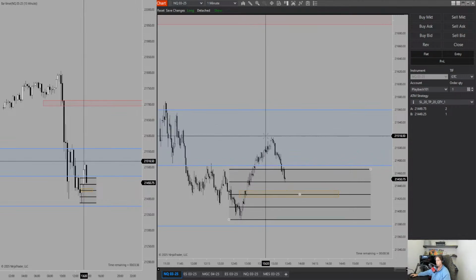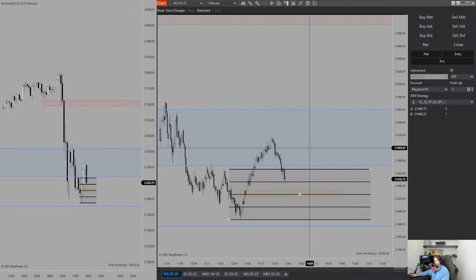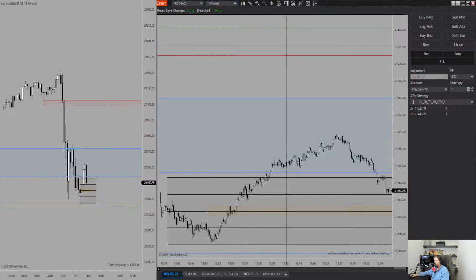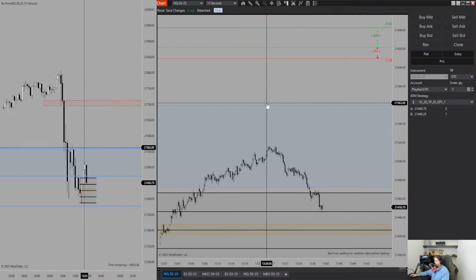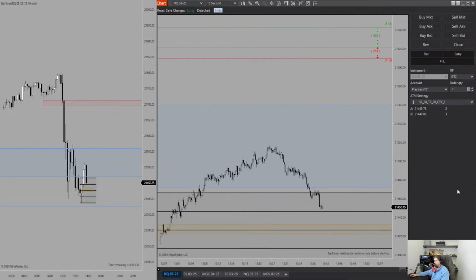All right. We're getting a retracement here back into this little level. Let's switch over to the 15-second chart and see if we see anything that we like.